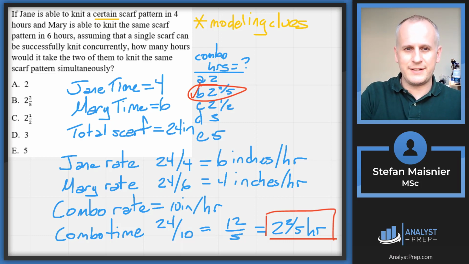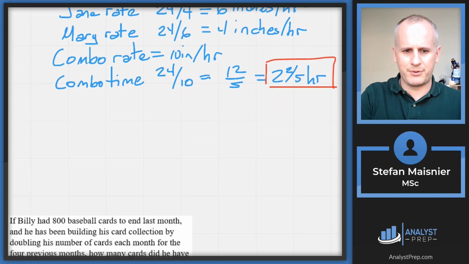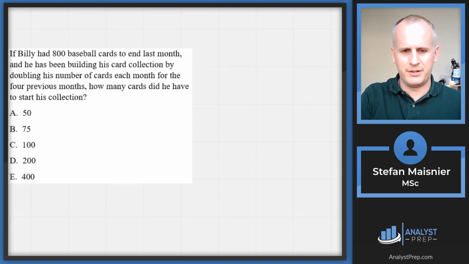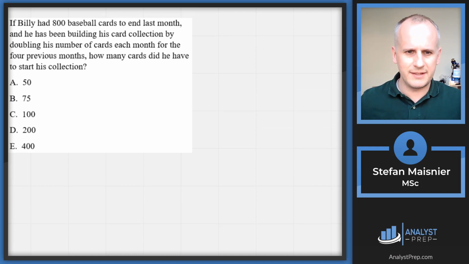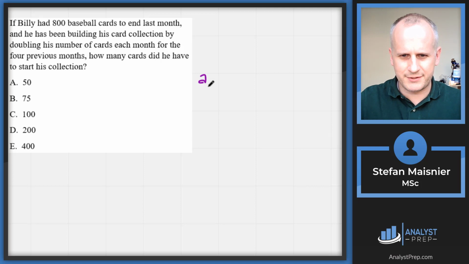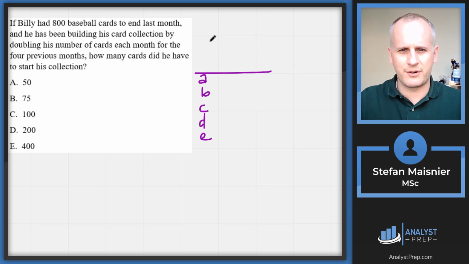So let's go ahead and take a look at one more example here, and we've got Billy and his baseball cards. So just as we did with the previous problem, we're going to set up our answer choices A, B, C, D, E, and we skip to the end, figure out what we're being asked for. We've got how many cards did he have to start? So cards to start.